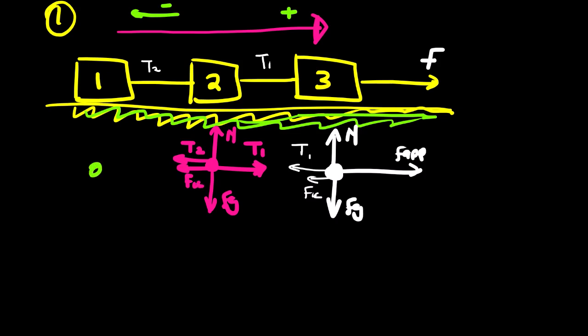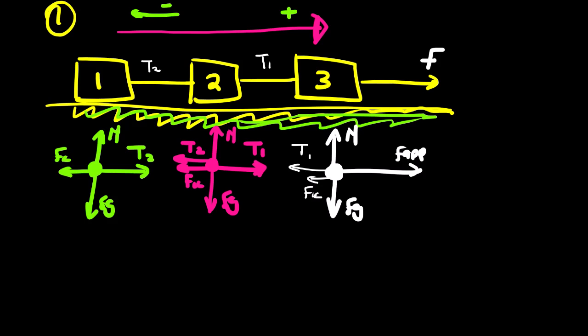Then the free body diagram of our last object is normal force, Fg, and it's moving to the right due to T2, and we only have kinetic friction since there's no rope or string behind object 1. So these are the free body diagrams for our objects here.